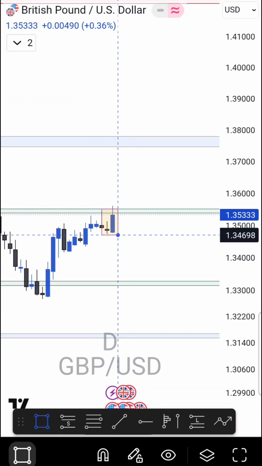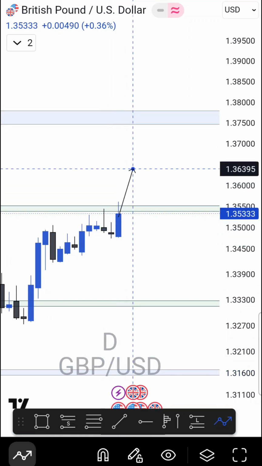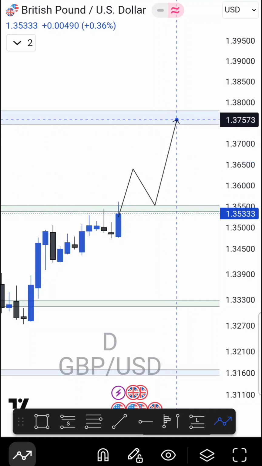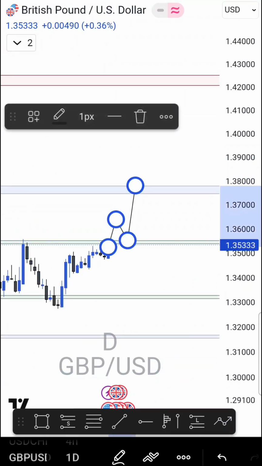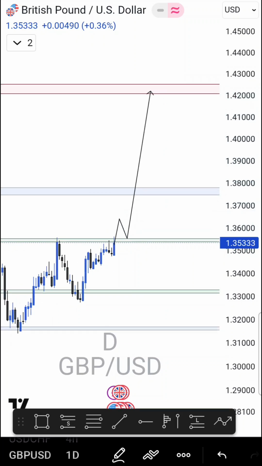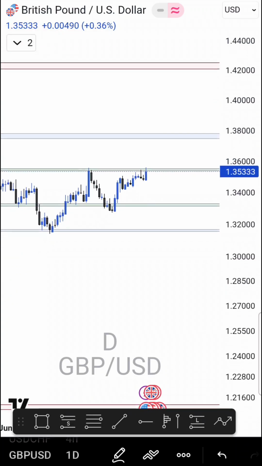The only thing I don't like about it is I need it to break out of this daily resistance, possibly give a retest, and then we're looking for buying opportunities, first of all to the weekly upper zone before eventually taking our price to the monthly zone. So we'll be taking it zone by zone as we move to the next level.